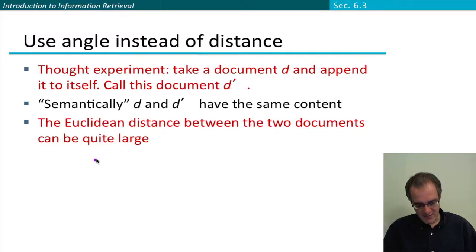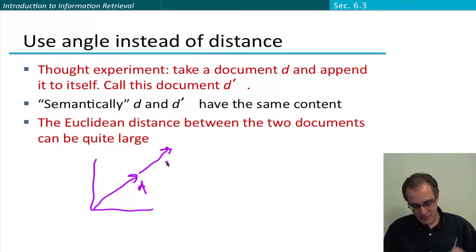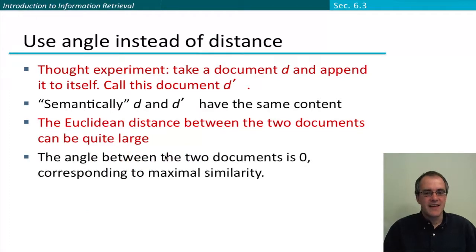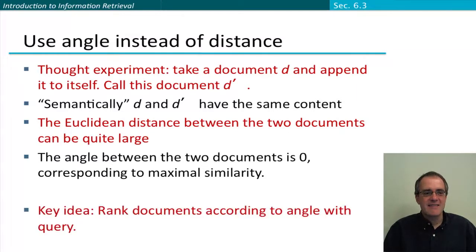And that's because if we had a vector and this was the vector for D, then the vector for D prime would be twice as long pointing out here, and so we have a quite large distance between these two vectors. So we don't want to do that. Instead, what we want to notice is that these two vectors are in a line, so the angle between the two vectors is 0, corresponding to maximal similarity. And so the idea is we're going to rank documents according to that angle between the document and the query.